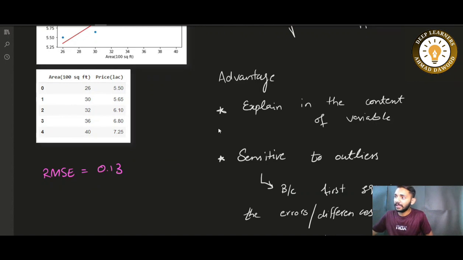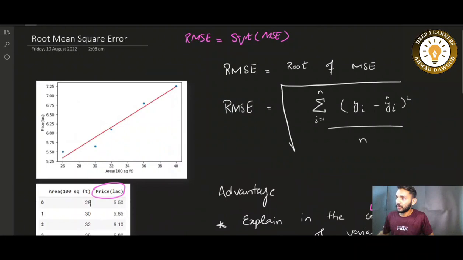You can explain this RMSE in the context of the target variable. You can explain it in the same context, because we have a square term, and after adding these squared values, we are again taking the root to get the same unit. This is the advantage over mean square error.